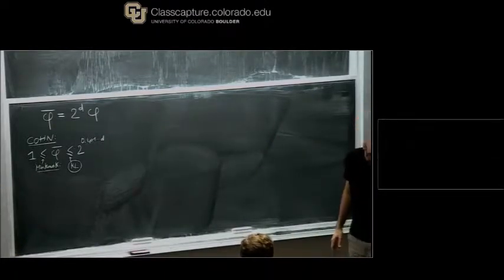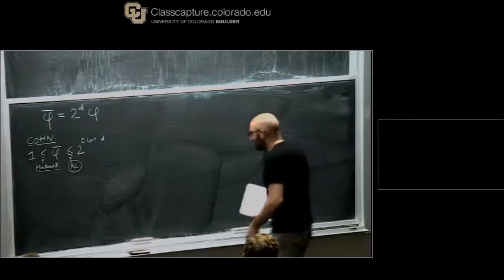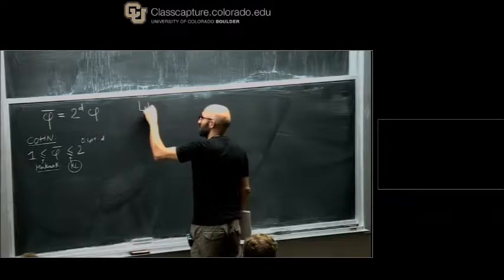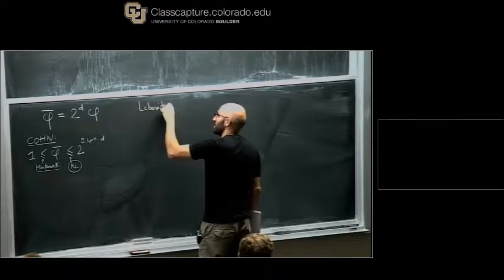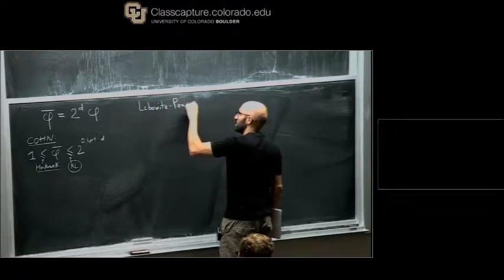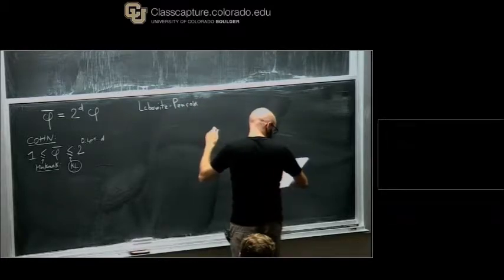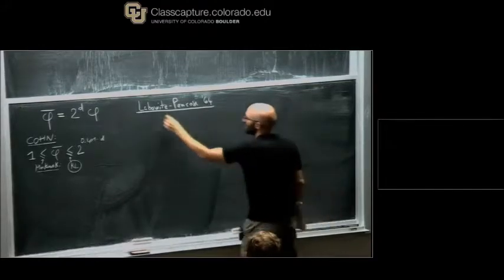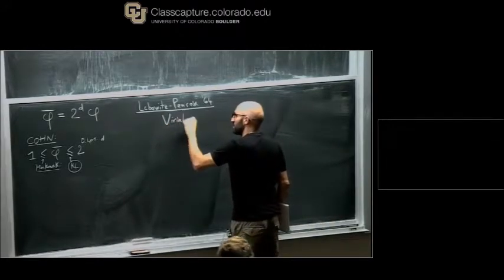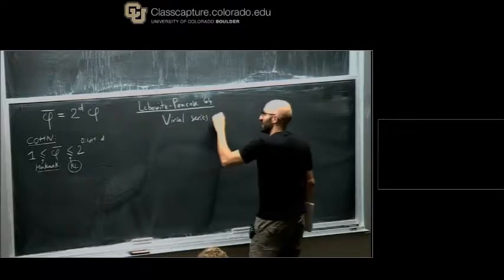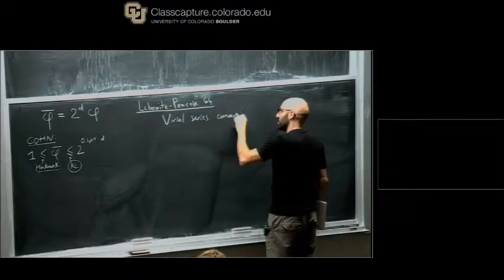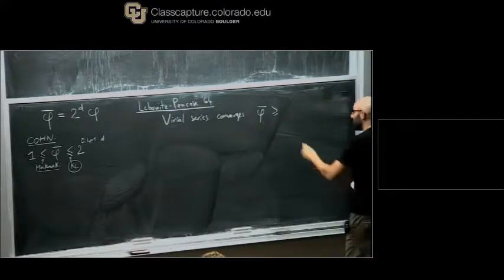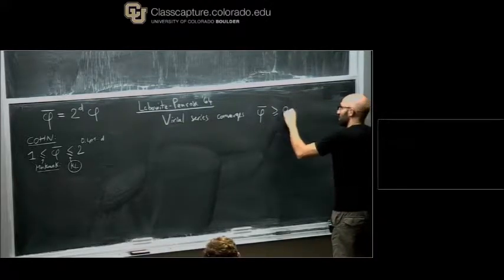Now, what do we know from physics? The first thing we know, it's actually a mathematically rigorous result, but it comes from physicists, from Lebowitz and Penrose, 1964, is that the virial series converges for phi smaller than some number that has an expression, but let me not write it.